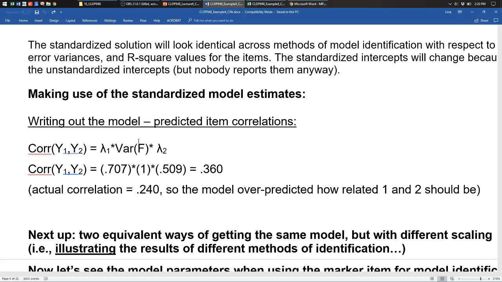That works out to be 0.36. That's what the model says these items should have as a correlation. In the real data, though, it's actually only 0.24. So the model thinks these are more related than what they actually are. Misfit. Evidence against unidimensionality.